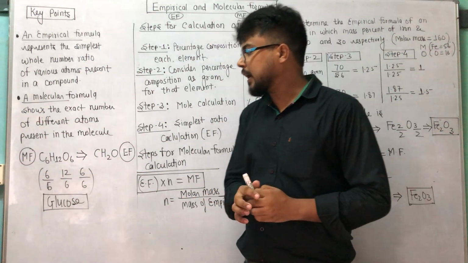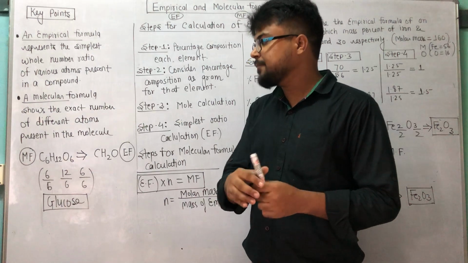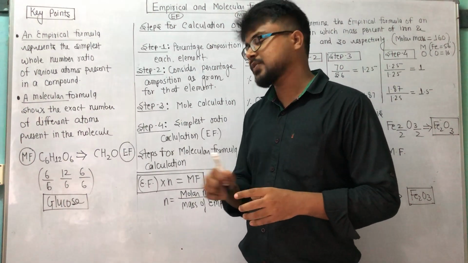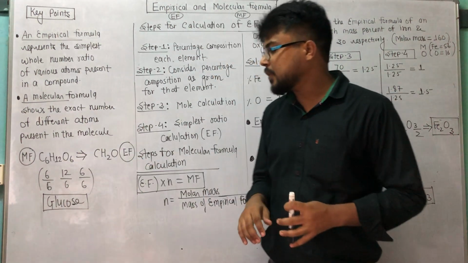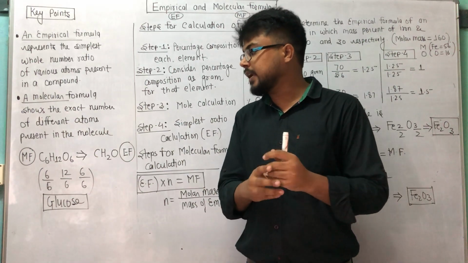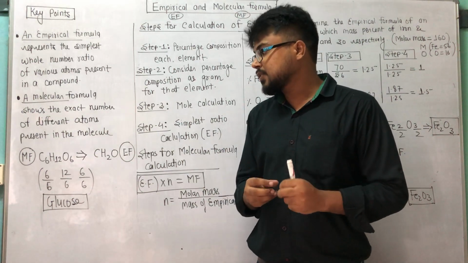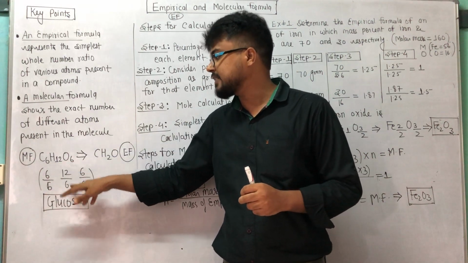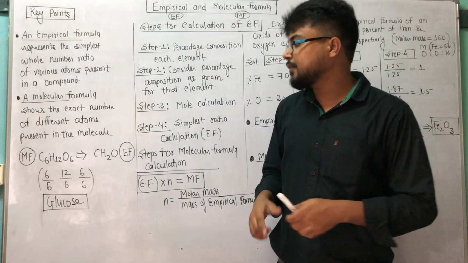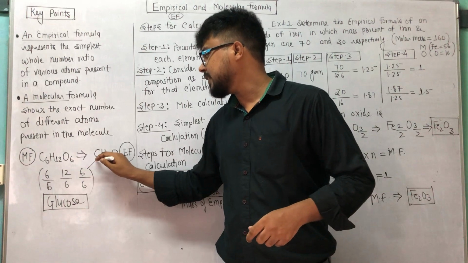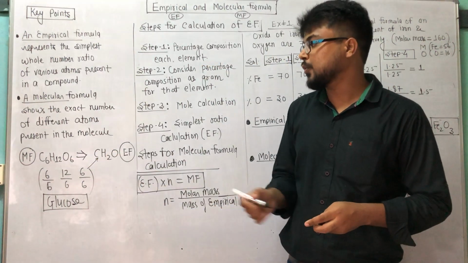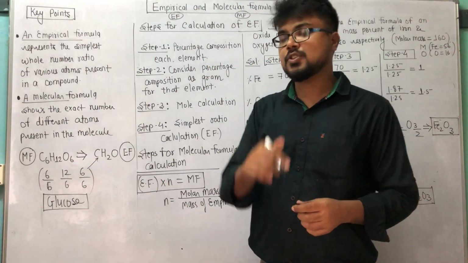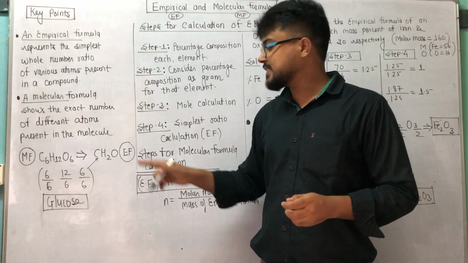The number of carbon is 6, hydrogen is 12 and oxygen is 6. Suppose I have to calculate the simplest ratio, then I will divide by the lowest value, that is 6 by 6, 12 by 6 and 6 by 6. It will further become CH2O. This CH2O is the simplest ratio and it will be considered as EF.